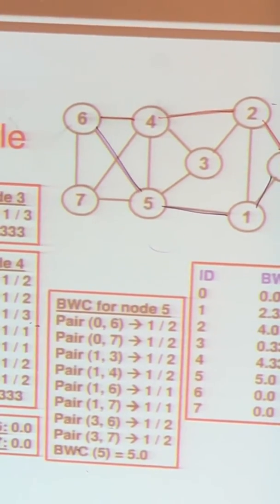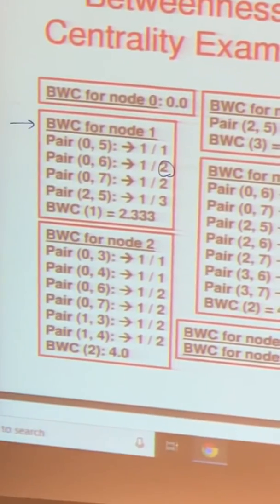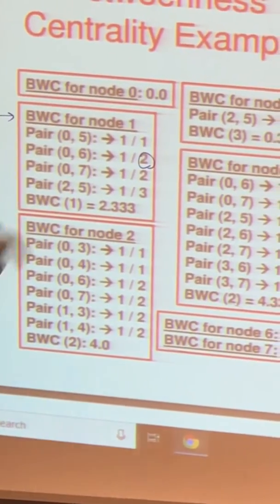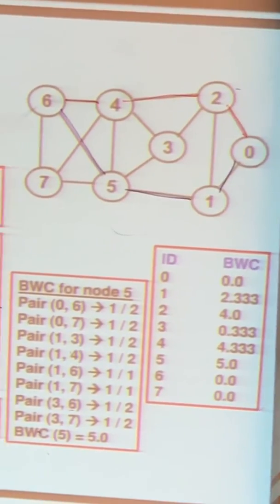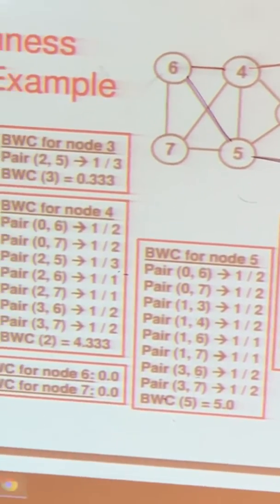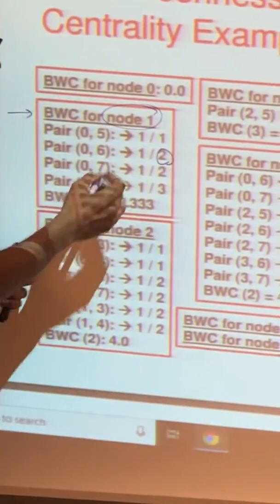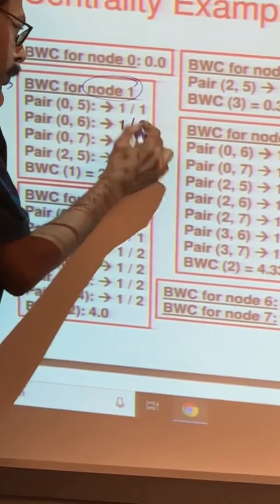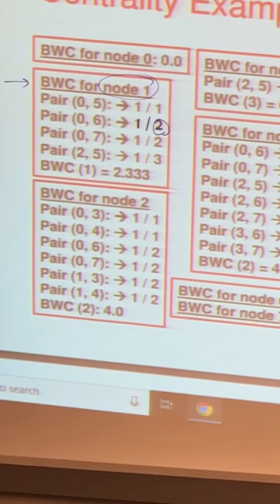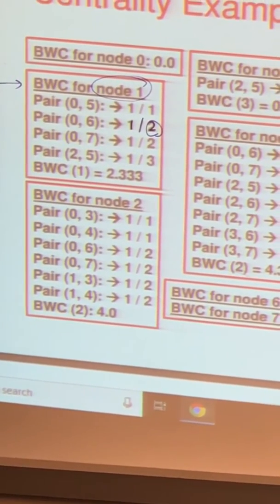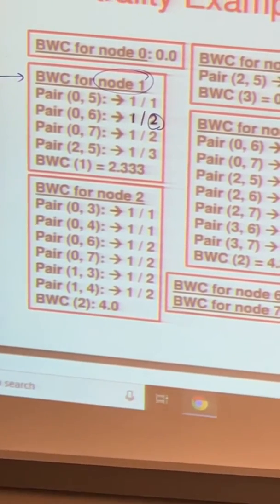So there are two shortest paths between 0 and 6, and one of the two goes through 1 because we're looking at vertex 1. So that's why it's 1 over 2. If both the shortest paths went through vertex 1, it would be 2 over 2.